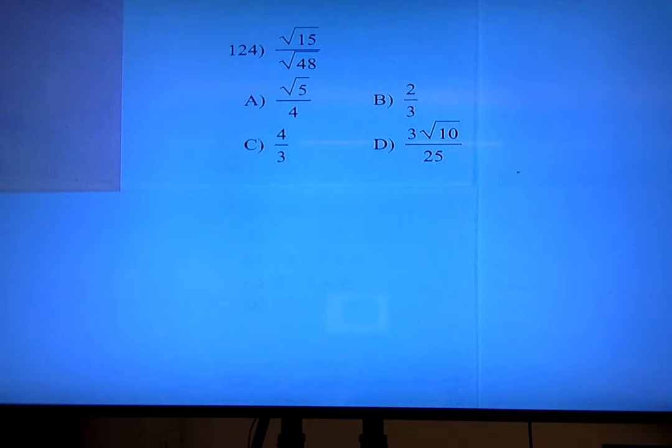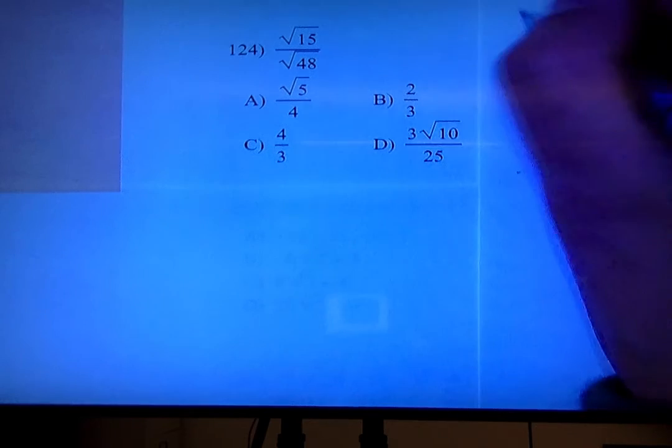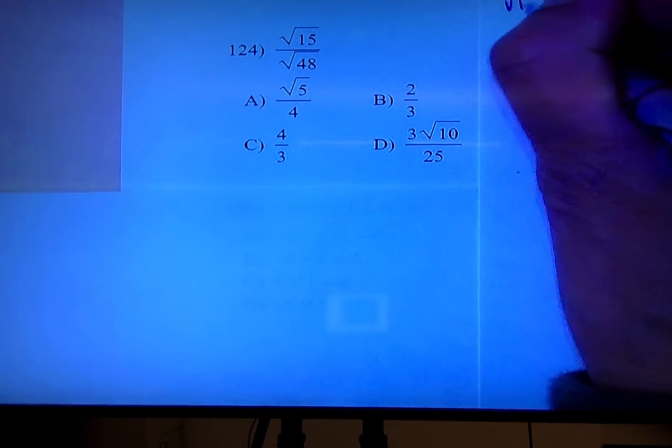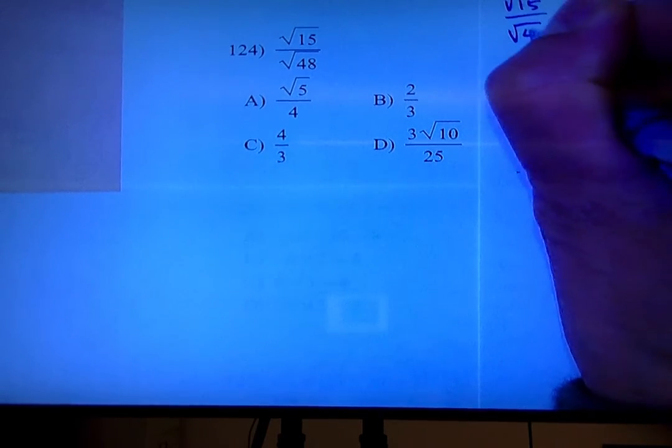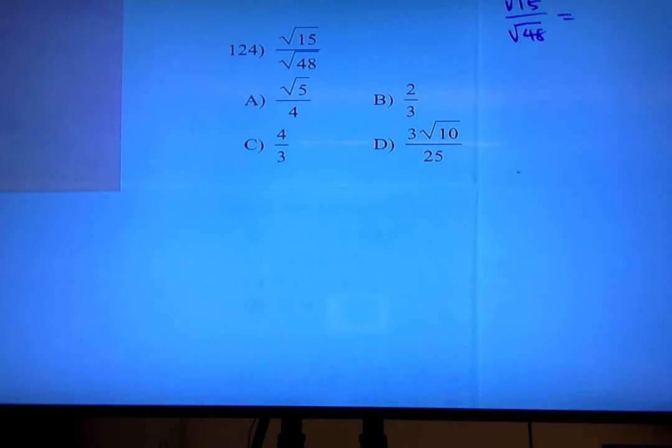And so to simplify this, root 15 over root 48. Well, 15 is 5 times 3. There's no perfect squares there. 48 is 16 times 3, and 16 is a perfect square.